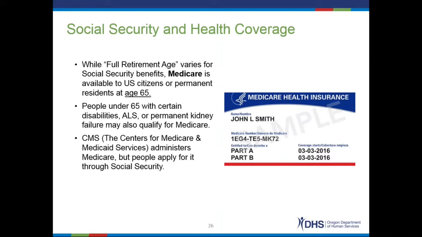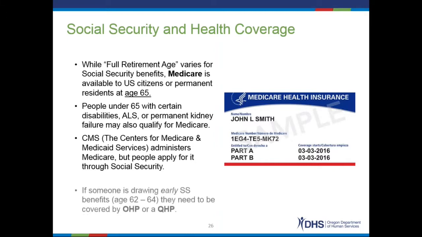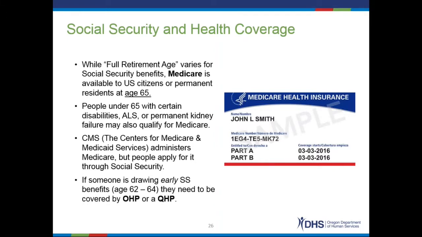The Centers for Medicare and Medicaid Services administers Medicare, but people actually apply for it through the Social Security Administration, just to keep us on our toes and add to the confusion. If someone is drawing early Social Security benefits, for example, age 62 to 64, they need to be covered by the Oregon Health Plan or a qualified health plan. They can't get Medicare until age 65.